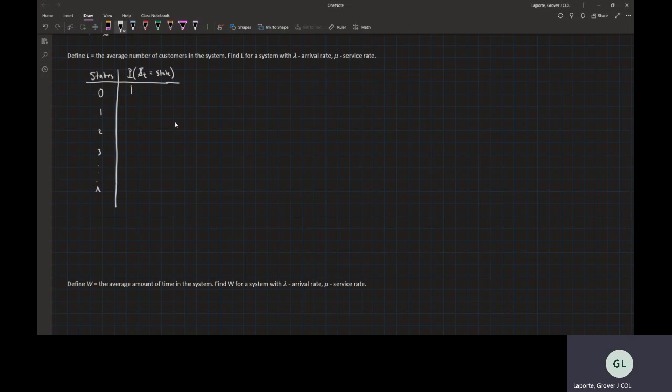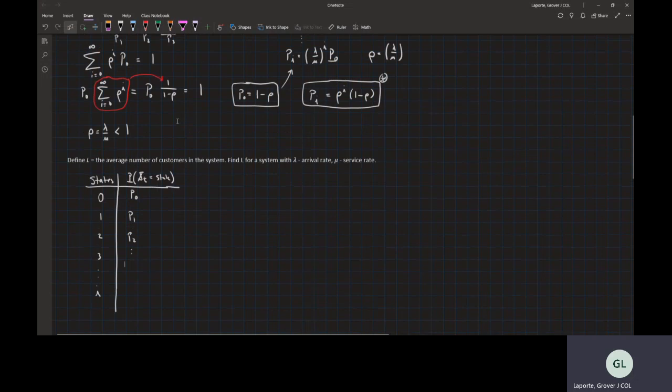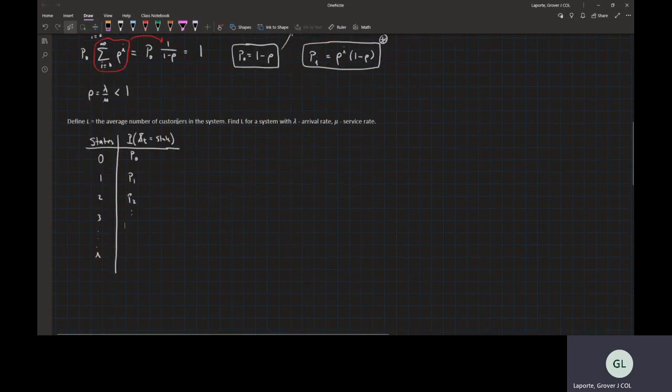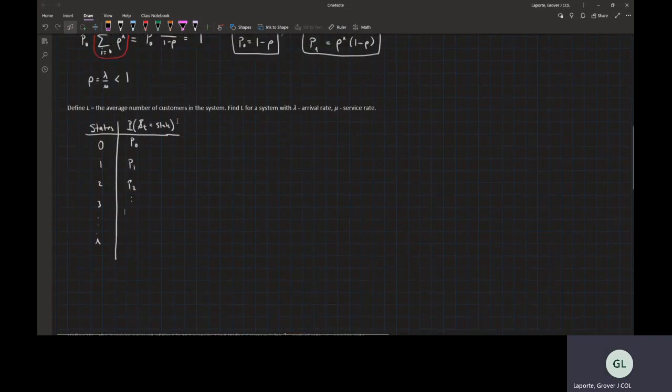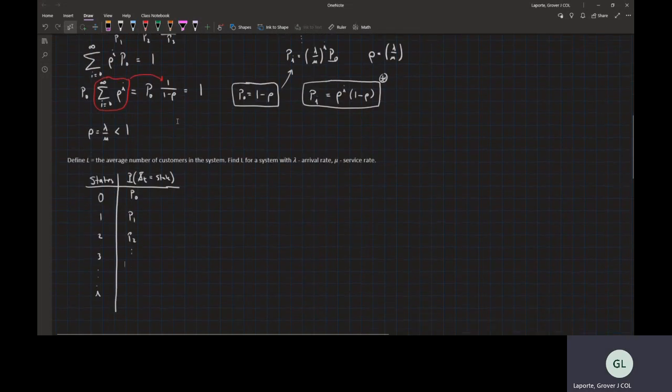Then we know this will be P0, this would be P1, this would be P2, ... And we have a formula for this now. The thing that we just calculated above was rho to the ith power. So for the 0th one, it's just 1 minus rho.